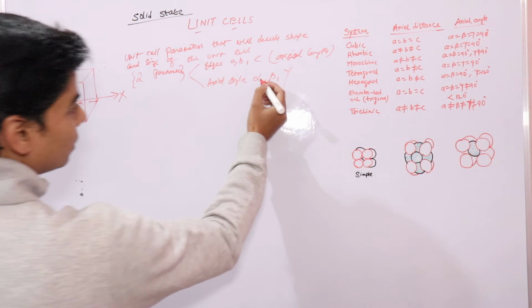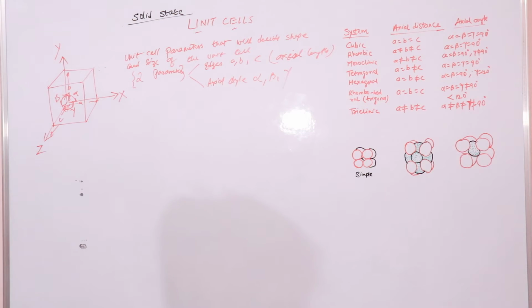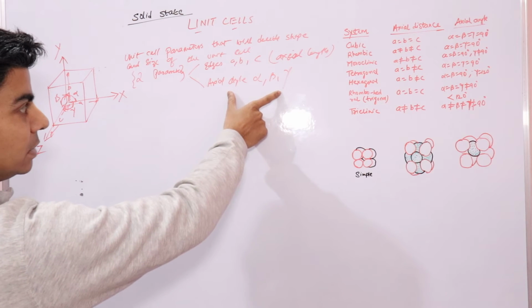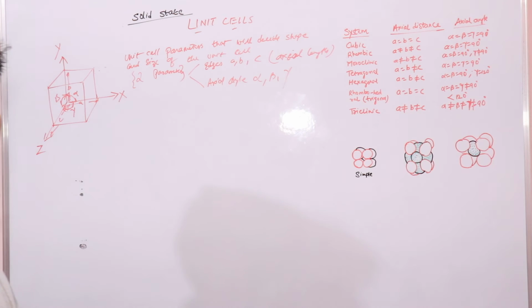These two parameters decide the shape and size of the unit cell. Now, based on the axial lengths and axial angles, we have seven types of crystal systems, unit cells.